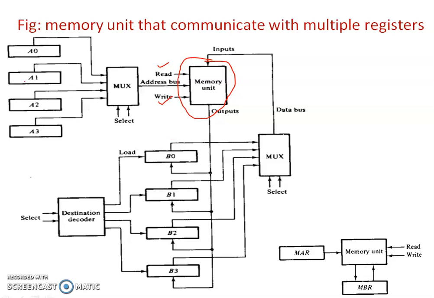In the previous case, we used only 4 registers, and those 4 registers acted as both the source and the destination. In this case, we are making use of 2 types of registers. One is the address register, and the other is the buffer register. A indicates the address register, and B indicates the buffer register.